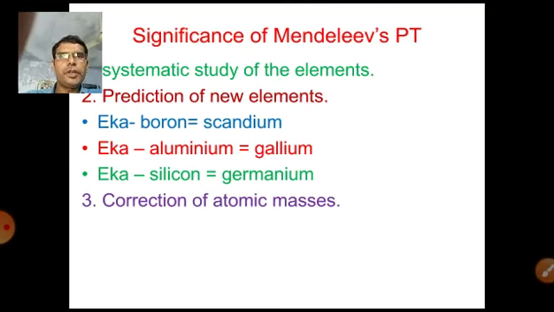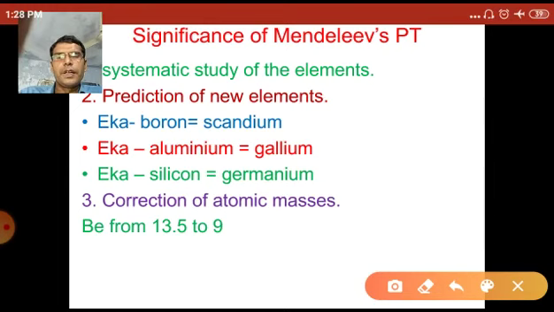Now the next significance of the Mendeleev periodic table, the correction of the atomic masses. Mendeleev corrected the atomic masses of many elements. So for example, beryllium has an atomic mass of 13.5.